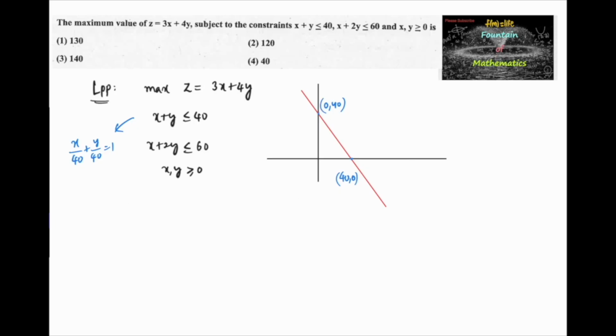And another line equation, x upon 60 plus 2y upon 60, that is y upon 30, is equal to 1.